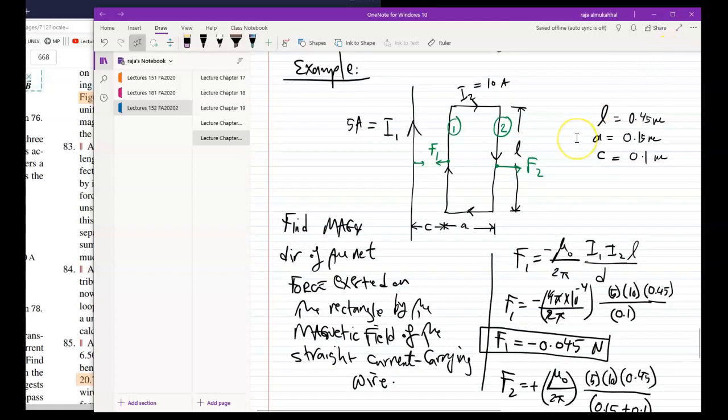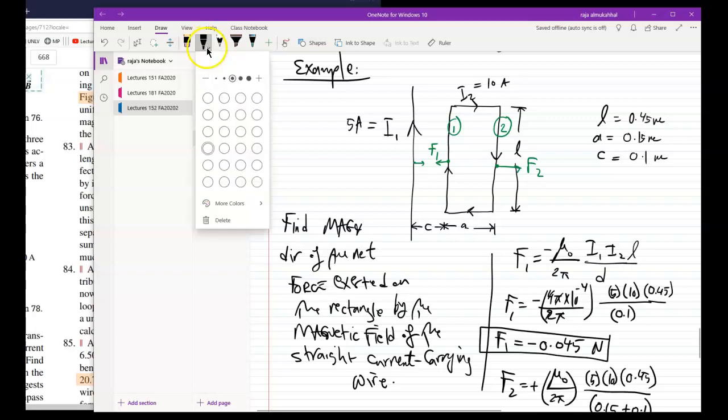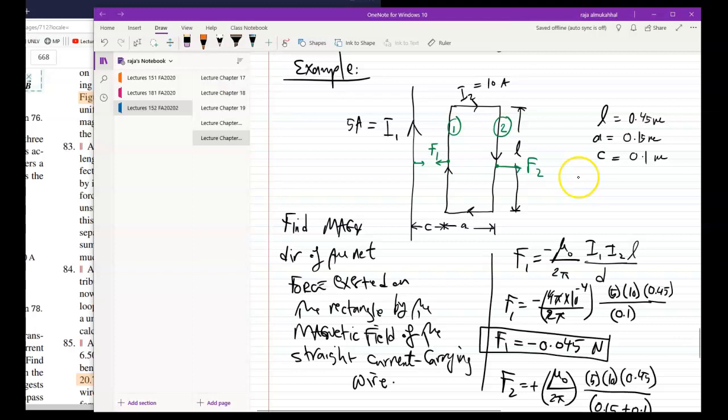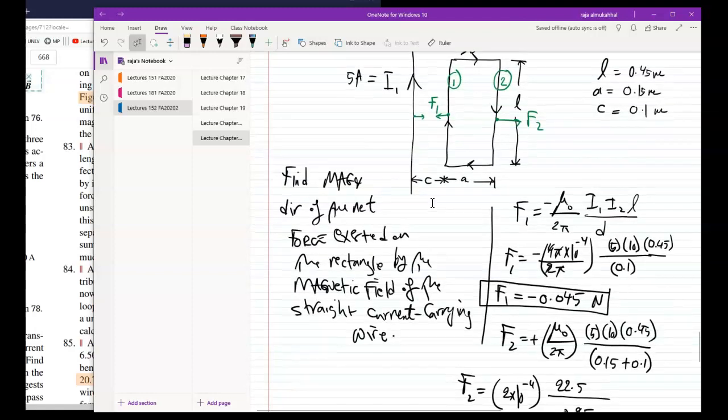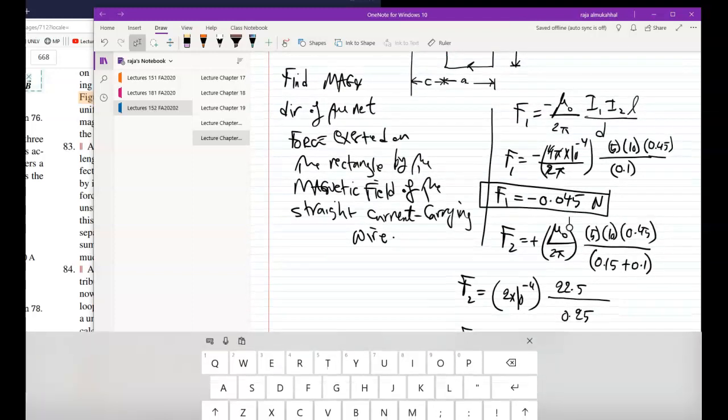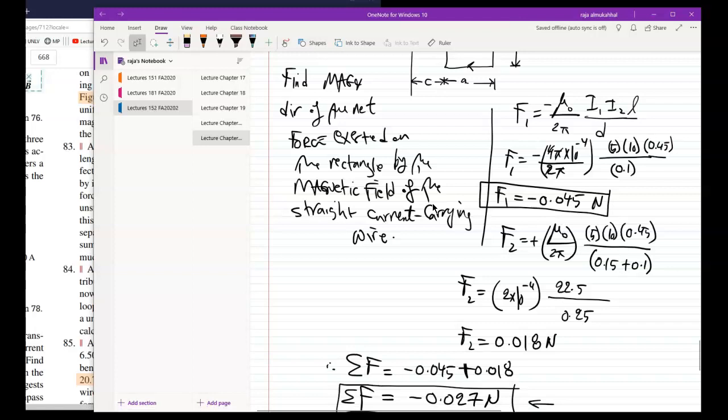rectangular loop. In other words, what that means, let me give you kind of a better picture. I'll put a different color. Let's say orange. Okay. So F1 here, because of its proximity to I1, the force is greater. See, 0.045, where this one is weaker, 0.01.